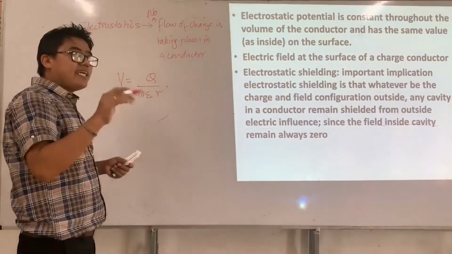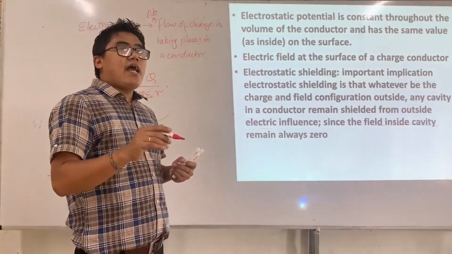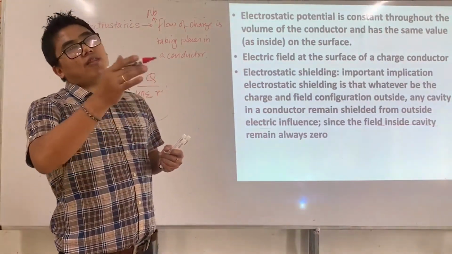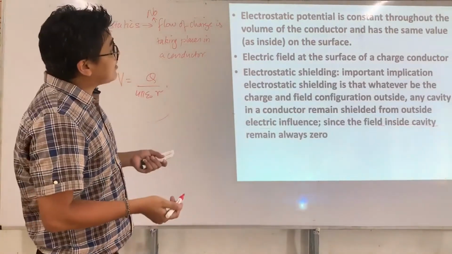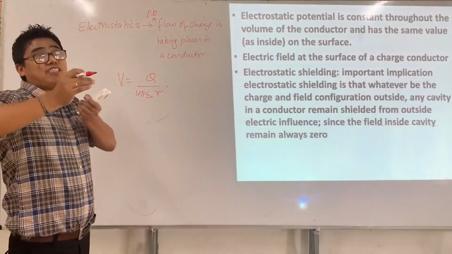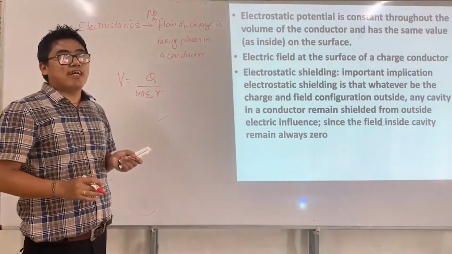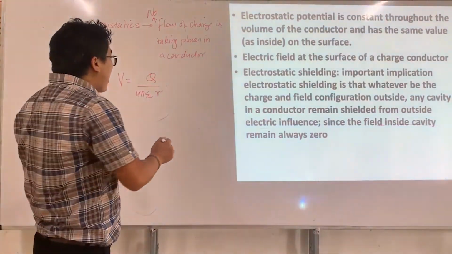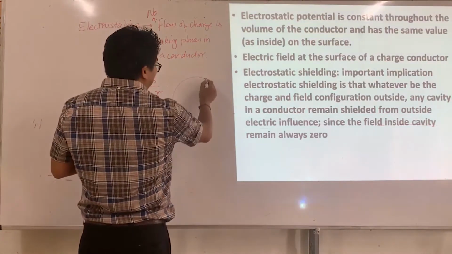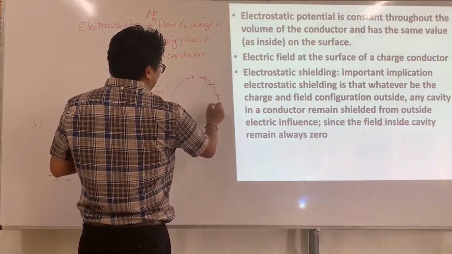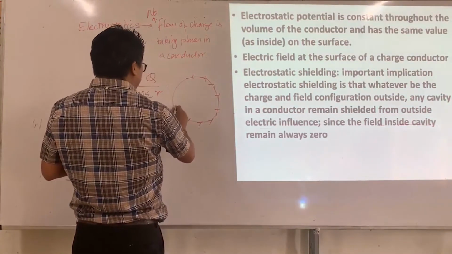So potential inside is equal to potential on the surface. Again, the reason is that if there is some potential difference between inside and the surface, a flow is possible.